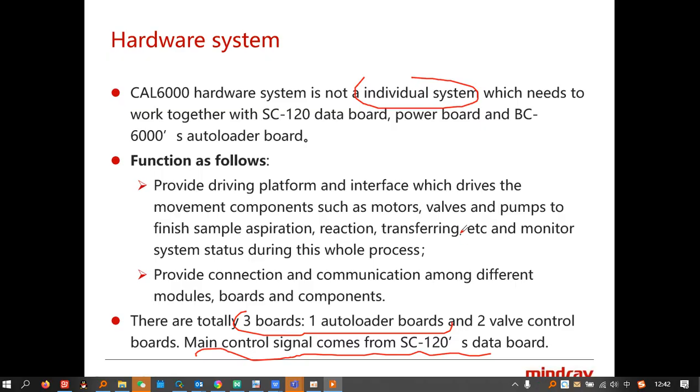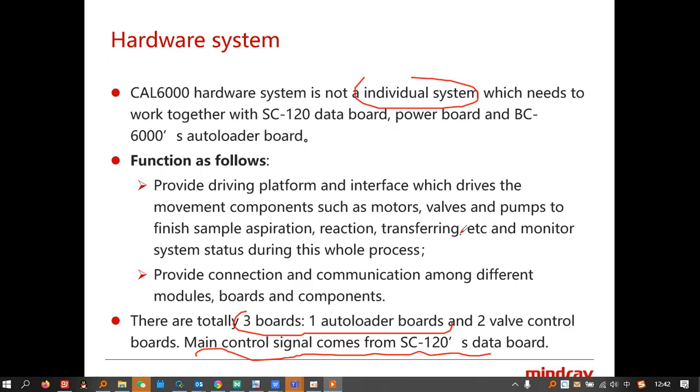We have two kinds of SC: one is generation 1, another is generation 2. The generation 1 can be used on the KELS 8000 and standalone, and the generation 2 can only be used on the KELS 6000 currently.